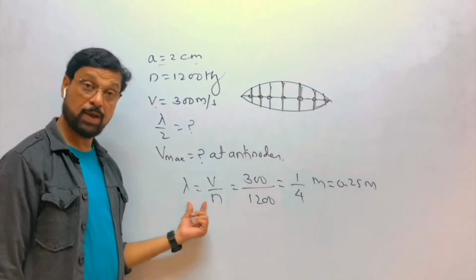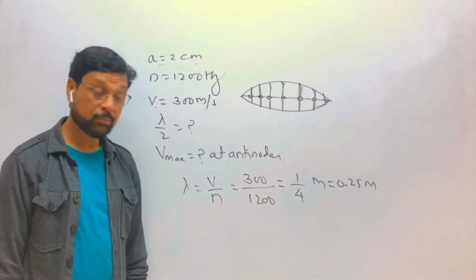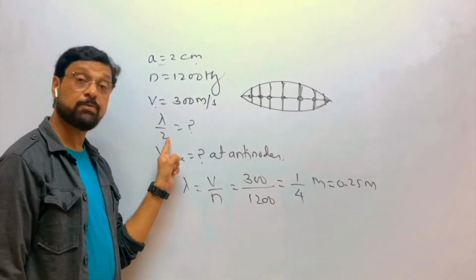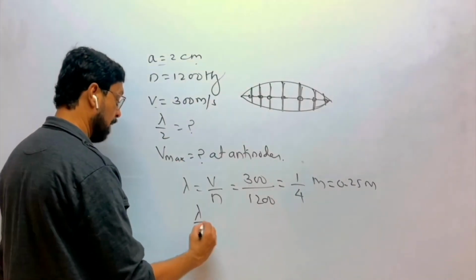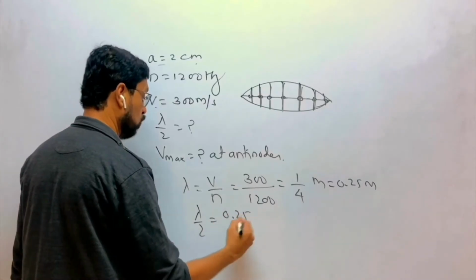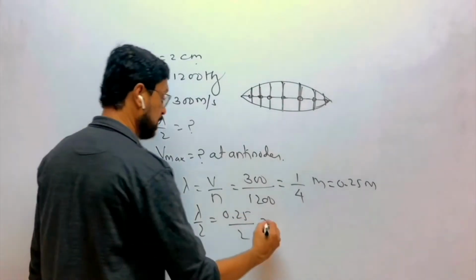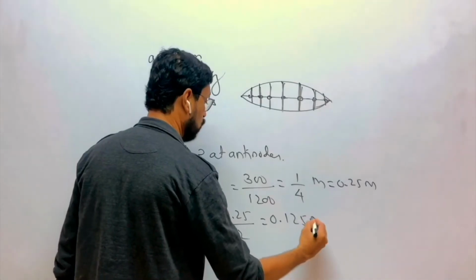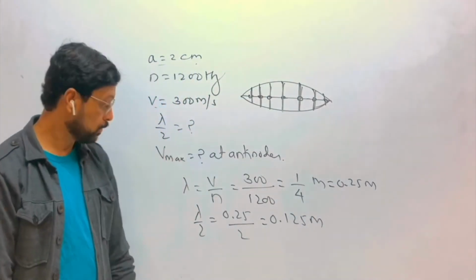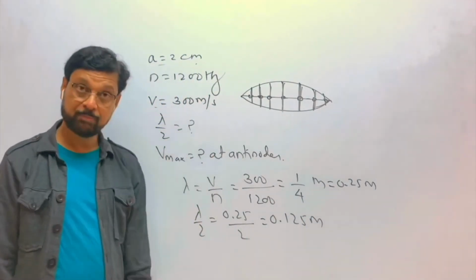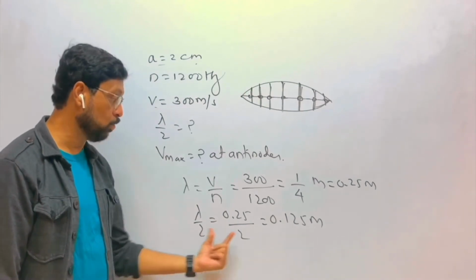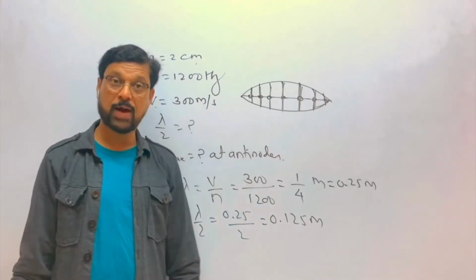So lambda, the wavelength, is 0.25 meter. You have to find the distance between antinodes. Lambda by 2 is 0.25 by 2. That is equal to 0.125 meter. So you got your first answer. The distance between two antinodes is 0.125 meter.